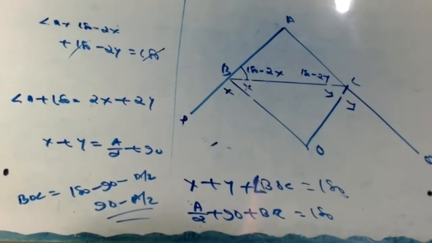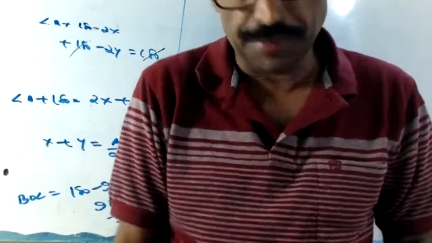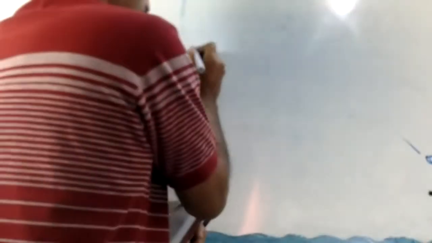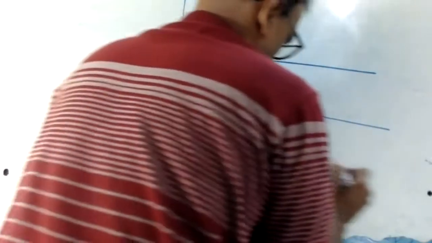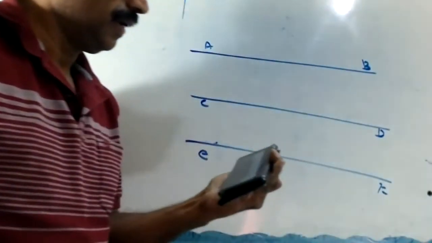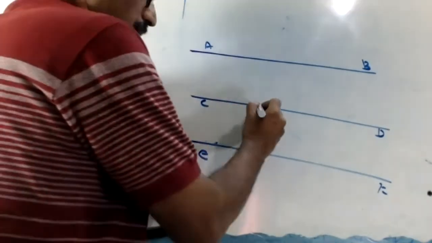In the figure, AB parallel CD parallel EF and PQ parallel RS.